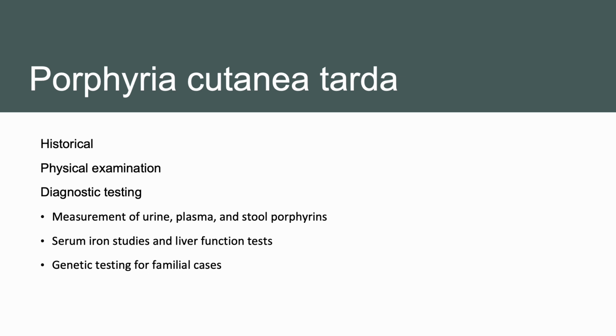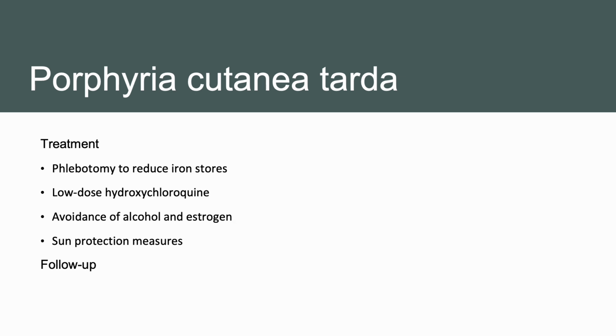For diagnostic testing, we recommend measurement of urine, plasma, and stool porphyrins. Serum iron studies and liver function tests, and genetic testing for familial cases. Treatments include phlebotomy to reduce iron stores, low-dose hydroxychloroquine, avoidance of alcohol and estrogen, and sun protective measures.